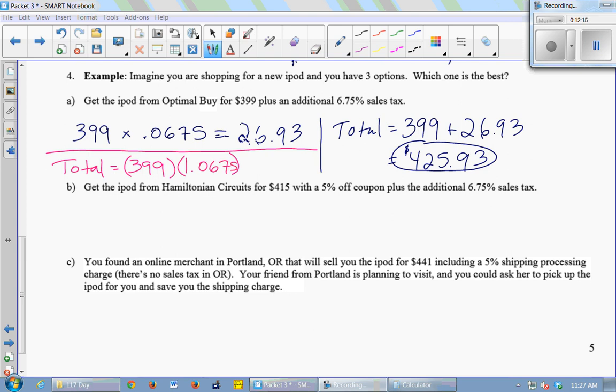So 1.0675, and that will give you your 425.93 all in 1 step. Sure, yes, if you have a percent button on your calculator, you can use that also. And then you don't have to change it to a decimal.